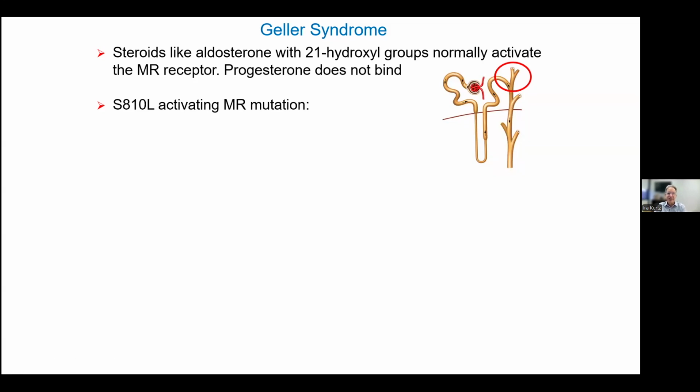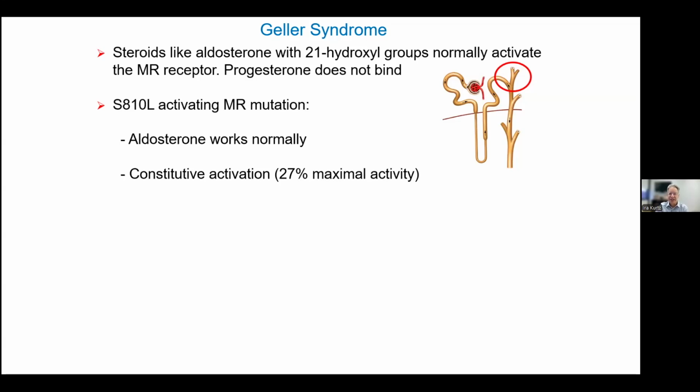And these patients have a serine 810 to leucine mutation, which actually doesn't inhibit the receptor. It actually activates it. And aldosterone still binds normally. But the receptor actually works without a hormone binding it. Without any hormones around, it works at about 25% of maximal activity. So that's one problem.